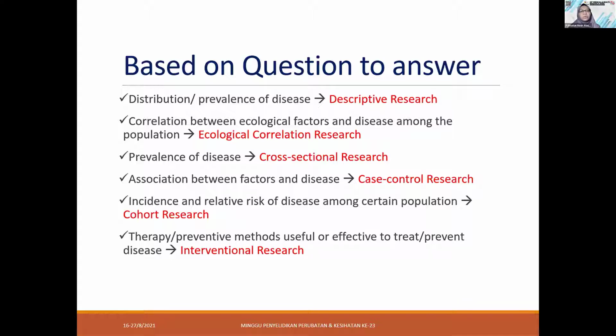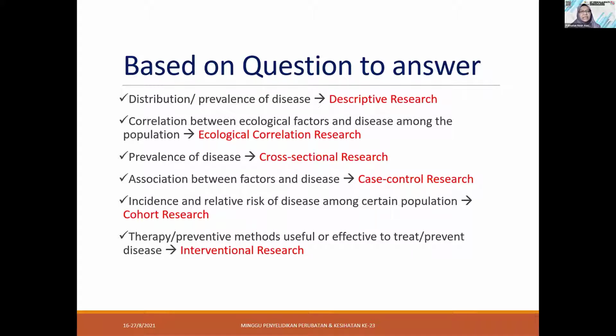And if we want to look at the prevalence of disease, most of the time we do a cross-sectional research. Then if you want to look at association between the factors and disease, we can also look at this in the cross-sectional research. However, if we really want to look at the association between factors and disease, we should do a case control research.